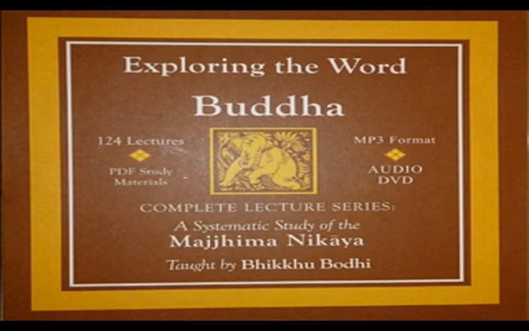So, in other words, these three underlying tendencies, the underlying tendency to craving for pleasant feeling, the underlying tendency to aversion or dislike for painful feeling, and the underlying tendency to ignorance in regard to neutral feeling, we can say, are the cause of dukkha, of suffering.